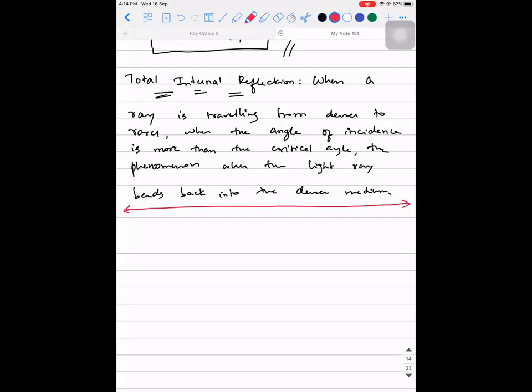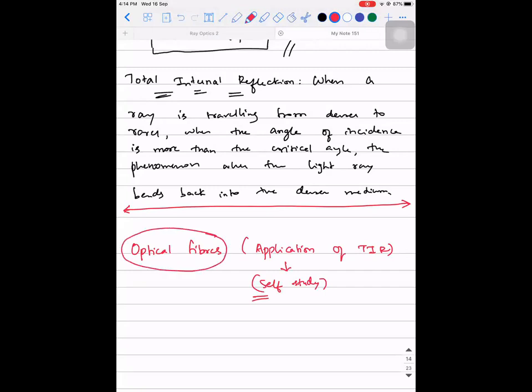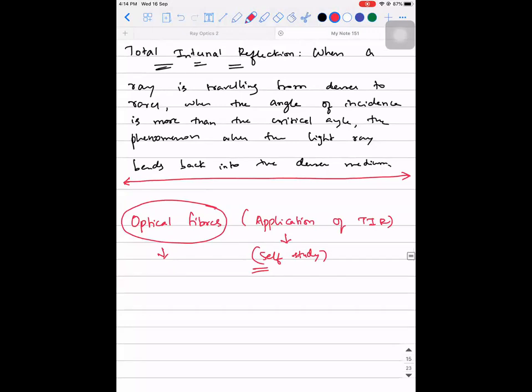Okay. So there is a topic called optical fibers, which is an application of TIR. This one I'm giving as self-study because it's full of theory only. So you need to read what an optical fiber is made up of. It has a core and cladding.